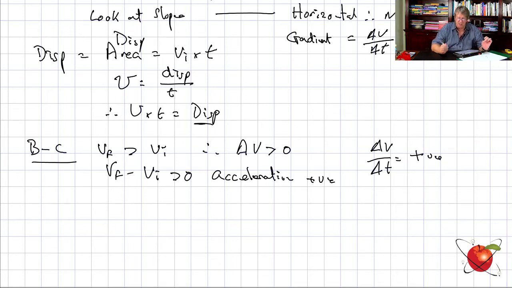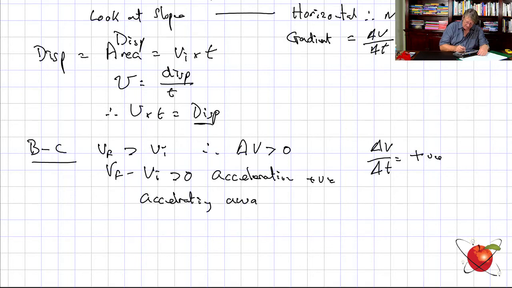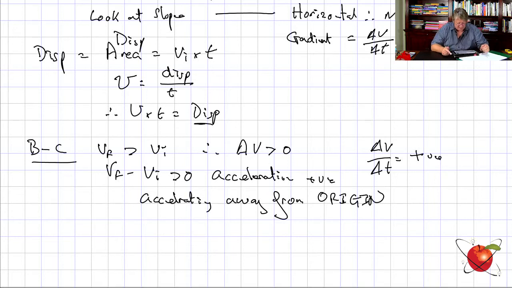It's going to be a positive number, which means that it is accelerating away from me, away from the origin. It's accelerating away from the origin. That's pretty important that we've got that sorted.